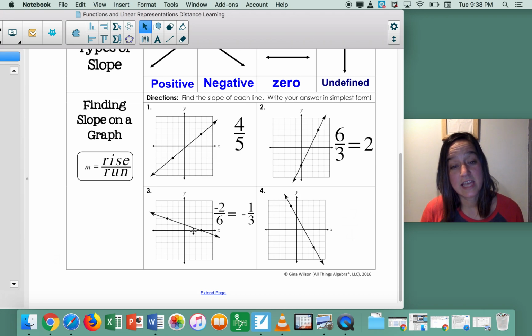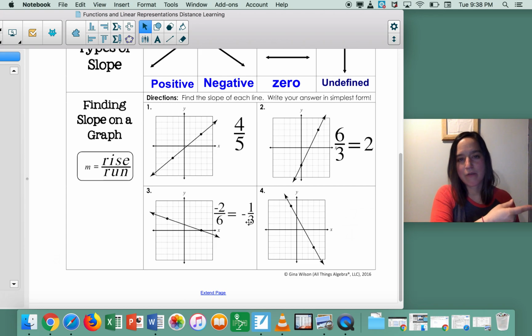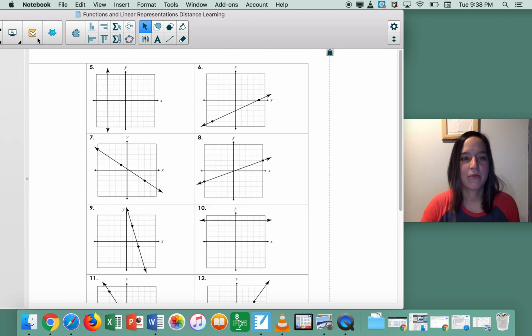If I simplify it, it simplifies to 1/3. But I put the negative out front, because it doesn't matter if it's on the top or the bottom. If I only have one negative, the negative can just shoot out front and represent the whole fraction. All right, now we're going to keep doing this.